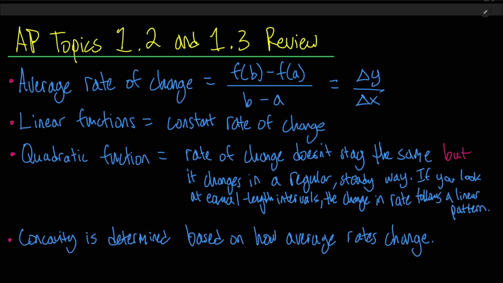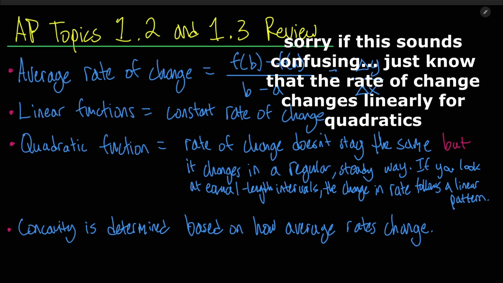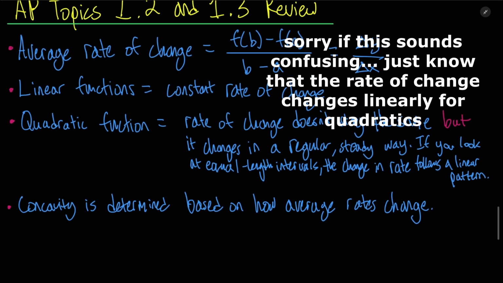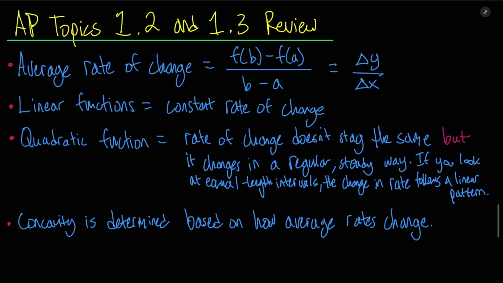Linear functions have a constant rate of change, and quadratic functions have a rate of change that doesn't stay the same, but it changes in a regular, steady way, as we saw earlier in that table. If you look at equal length intervals, the change in rates follows a linear pattern. And concavity is determined based on how average rates of change change.